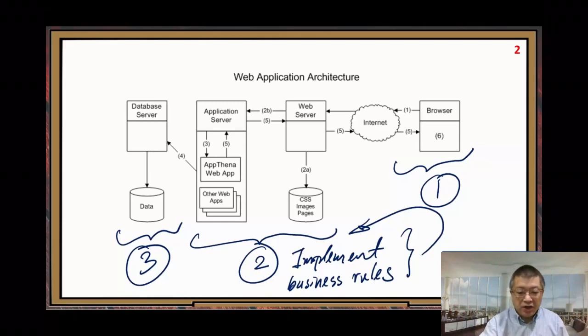Here you can see these little numbers, 1, 2, 3, 4. Those numbers tell you the communication steps. Let us follow the step number order so we understand the communication details.